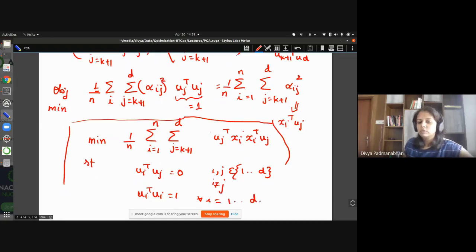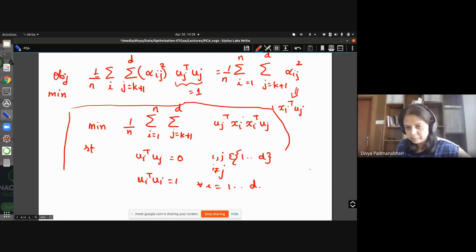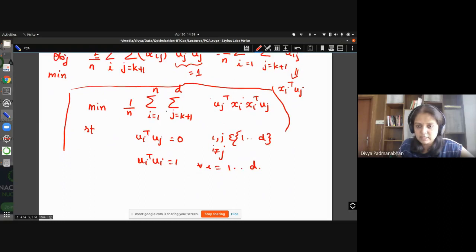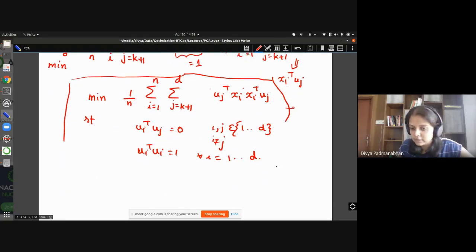Okay, so this is the problem I get, and I'll simplify this a little more. I can interchange these two summations.